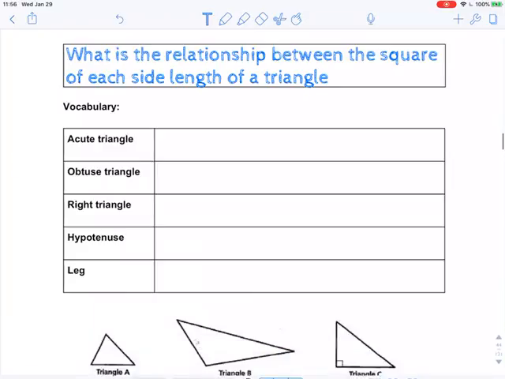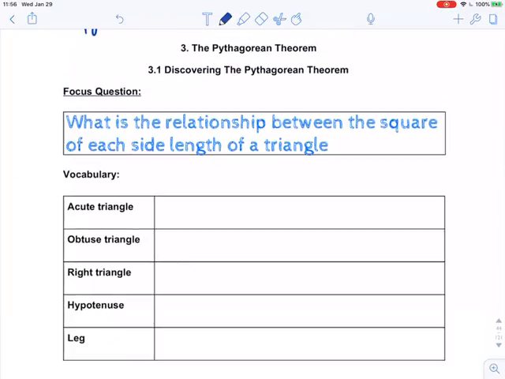We already know the relationship between the side lengths themselves, but now we're going to talk about the relationships of the squares of the side lengths of each triangle.